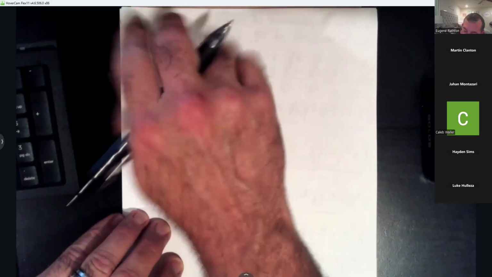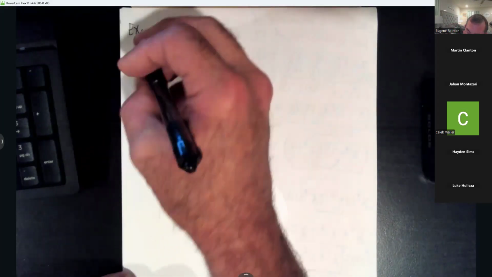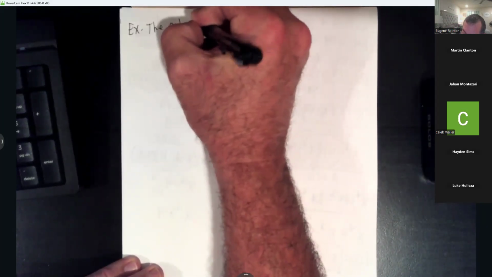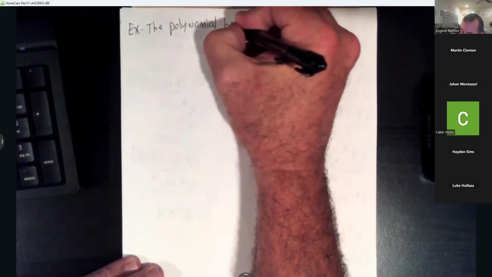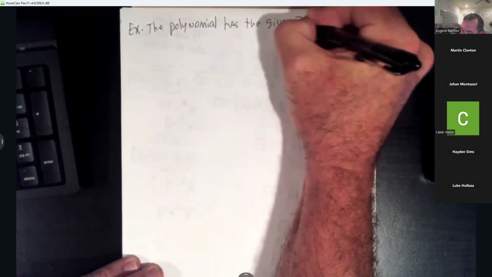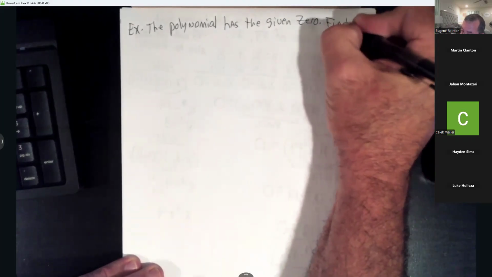So let me show you what we're going to do here. In 10 and 11, we're actually going to be given zeros, and we're going to find all the rest of them. So they'll say the polynomial has the given 0, and then find the other zeros.